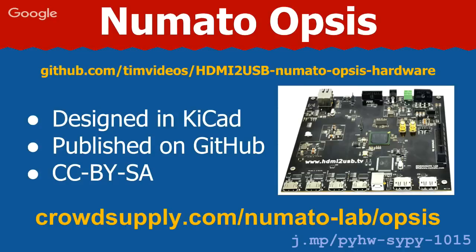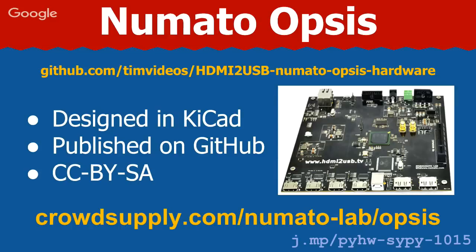And that board I talked about, that open source board, we designed in KiCad. So it kind of proves that KiCad can be used for a pretty complicated board. This is a board with 2 HDMI in, 2 HDMI out, USB, Ethernet, DVI, RAM, DisplayPort in, DisplayPort out, all these types of things.